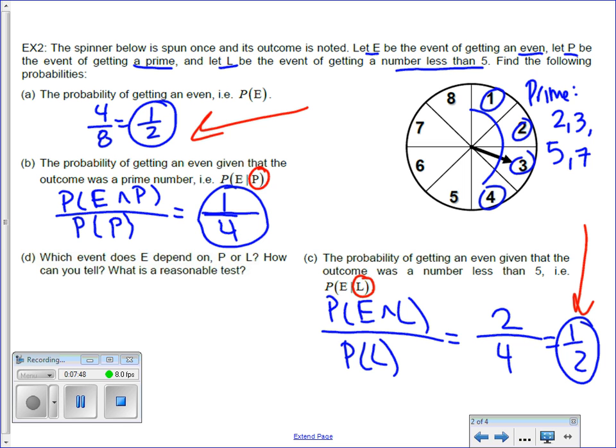But when P was introduced as a condition, what was P? P is the event of getting a prime number. That affected the probability and changed the probability from 1 half to 1/4.